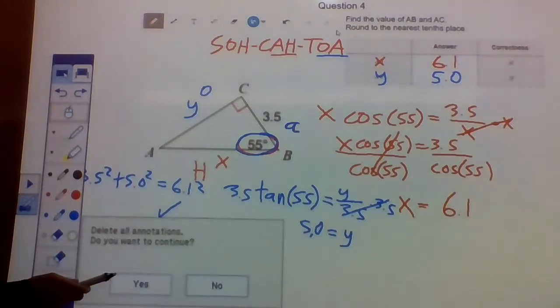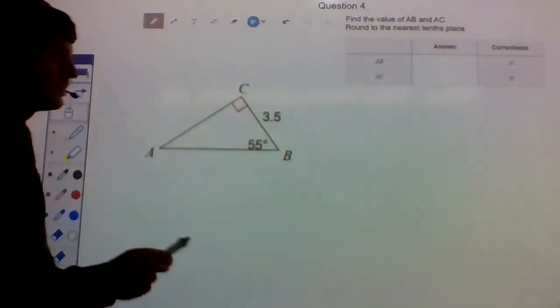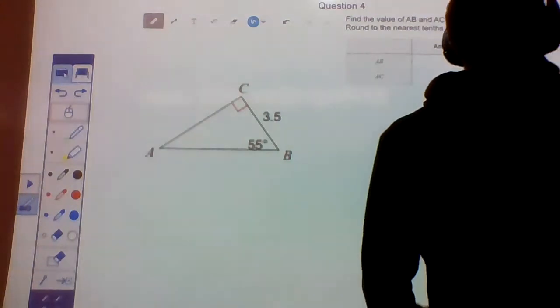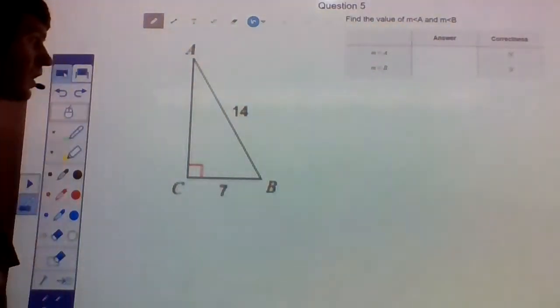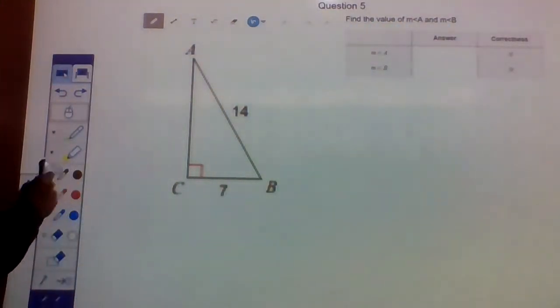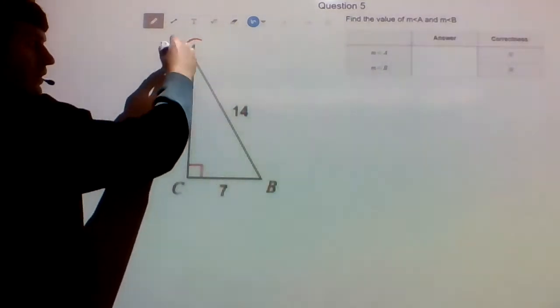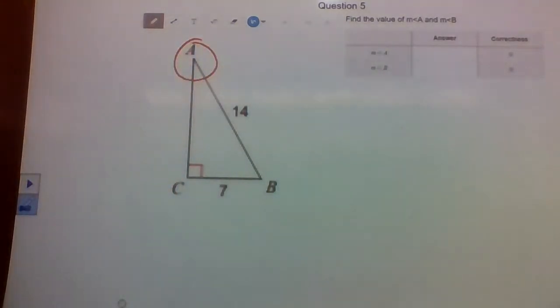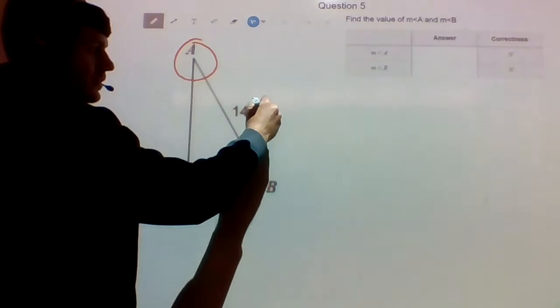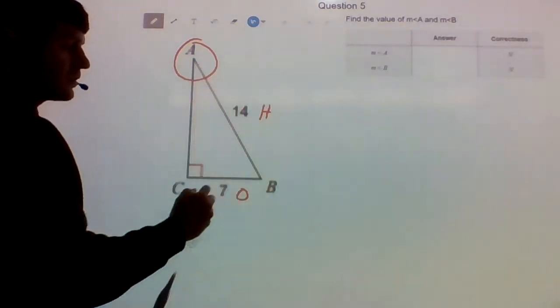All right, let's go to number 5. Okay, that was solving for sides. This one's solving for angles. So again, same process. You want to circle the angle. We're trying to solve angle A. We want to label our sides. 14 is your hypotenuse, 7 is your opposite, it's across.